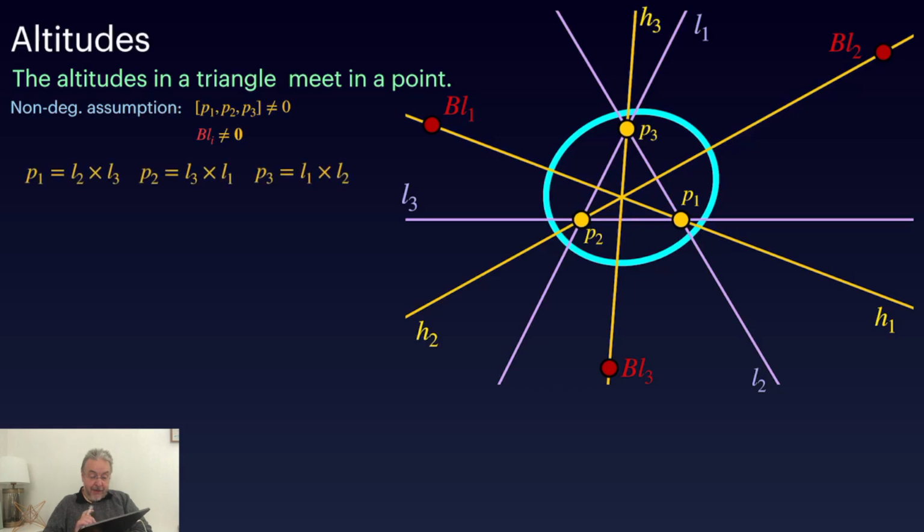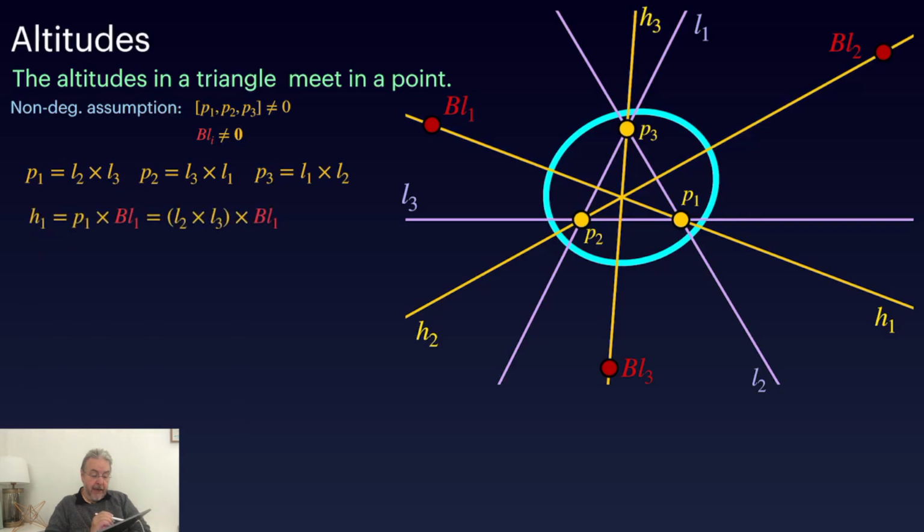So let's start with the lines. The lines here have some homogeneous coordinates, and you can get the corners of the triangle by simply forming the meet of the lines. This works because we assumed that P1, P2, P3 are not collinear, so the lines do not coincide, so I can really calculate the points from the lines. So I want to join this point, say P1, to the corresponding pole.